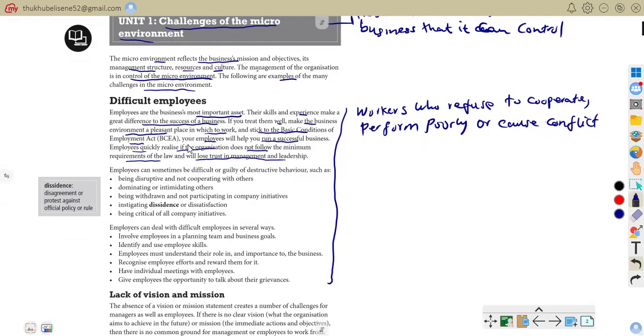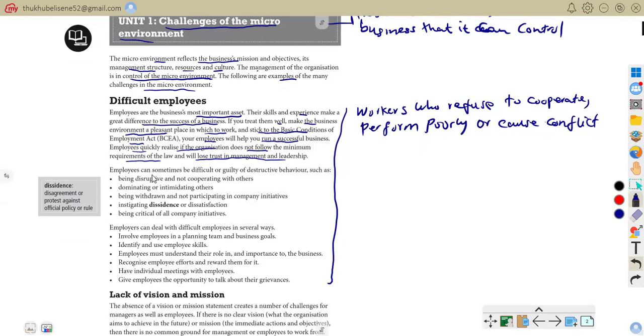It is employers who can make sure that the employees work very hard towards their goals by creating a very conducive environment.